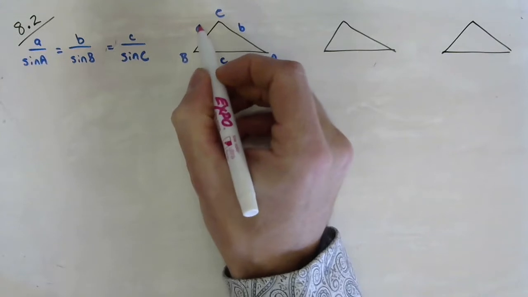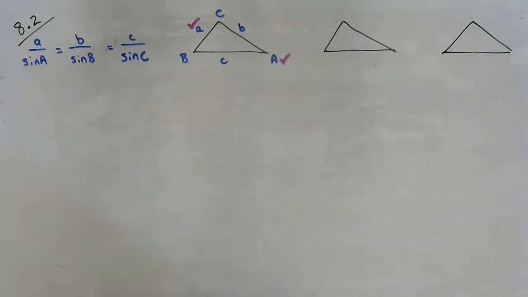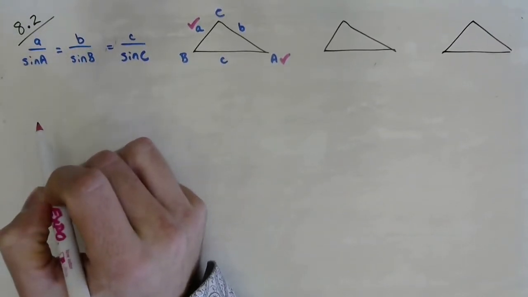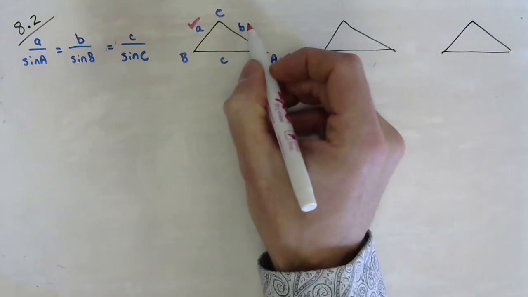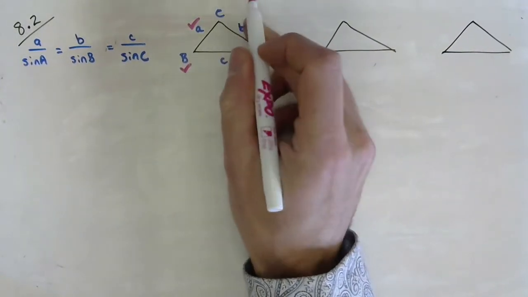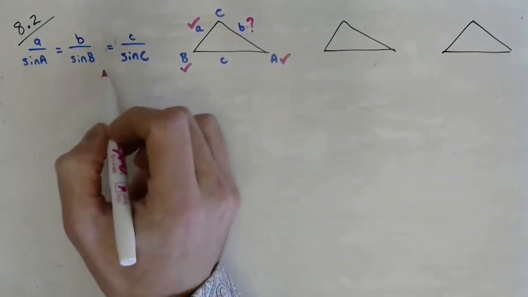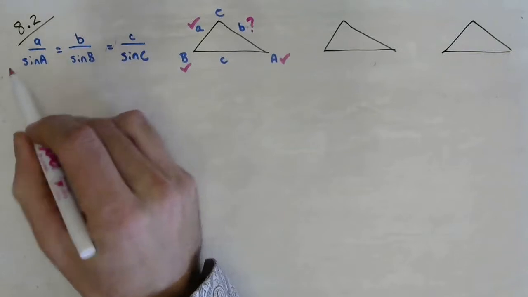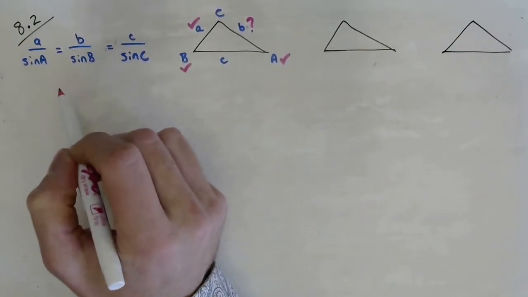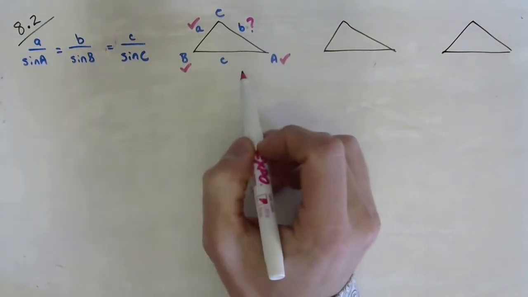So for example, if I had side length A and angle A, I could complete one of these ratios, which means that if I had, let's say, angle B, I could find out what side length B is simply by using two pieces of the sine law. Okay, if I have one missing piece of information out of the four, then I can use the sine law and basic algebra skills to solve for side length B.